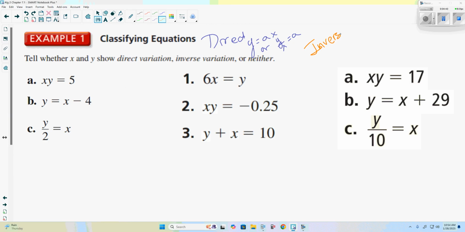Inverse variation, we said y is equal to a over x, or x times y is equal to a. So the first one here would be inverse because it does match up with our x times y equals a. X times y equals a constant amount. So we're just matching them up.